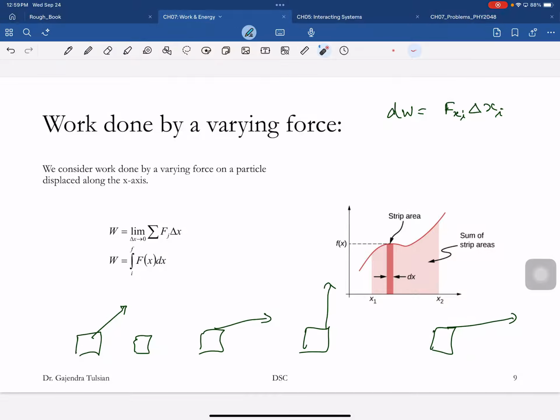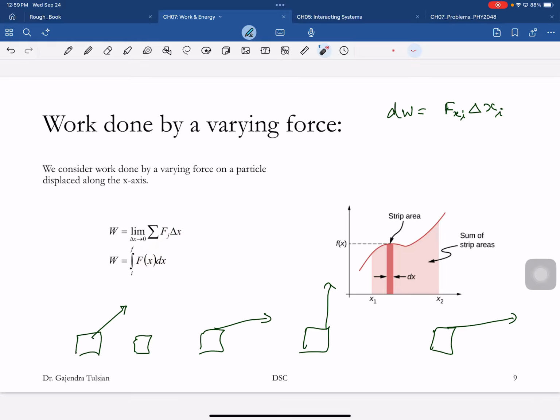So it's the x component of the force times delta x_i, the displacement for that segment. If the force is changing rapidly, you just make the segment smaller and smaller. We'll call the x component of the force Fx, so it's a function of x.